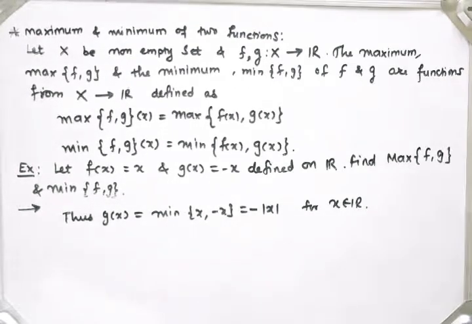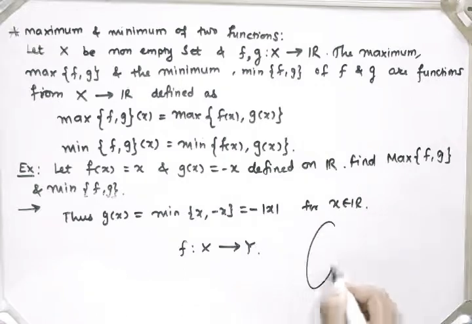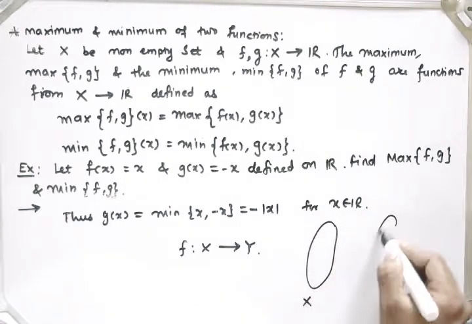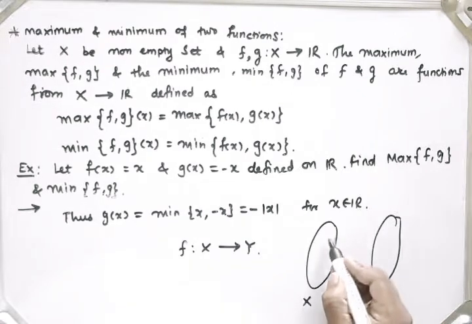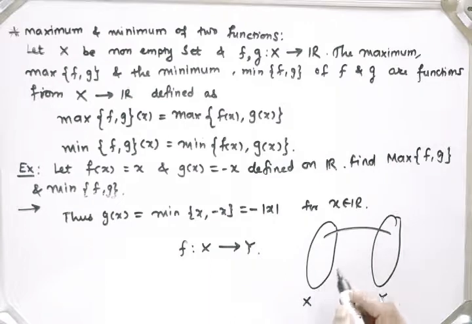So next we will see the definition of one-one function. So what is meant by one-one function? We have a function, suppose f from x to y, then for each distinct element in x there are distinct elements in y, then we say that function f from x to y is a one-one function, meaning every distinct element in set x has a distinct element in y.